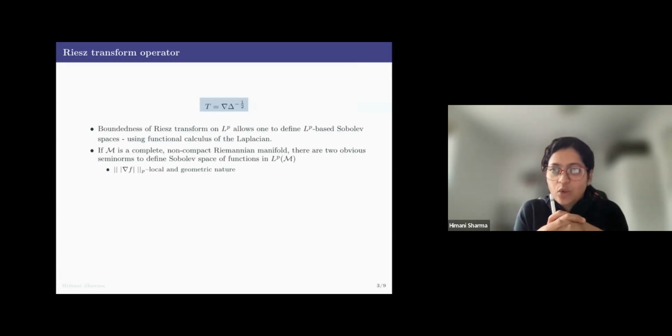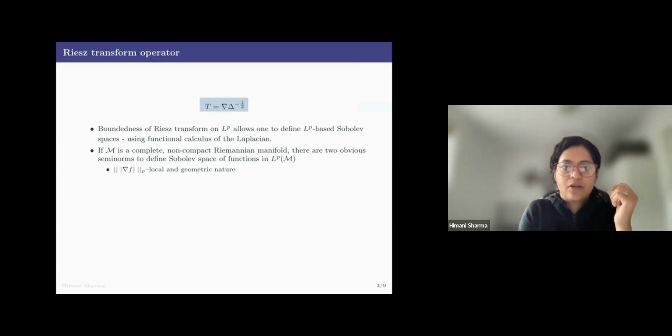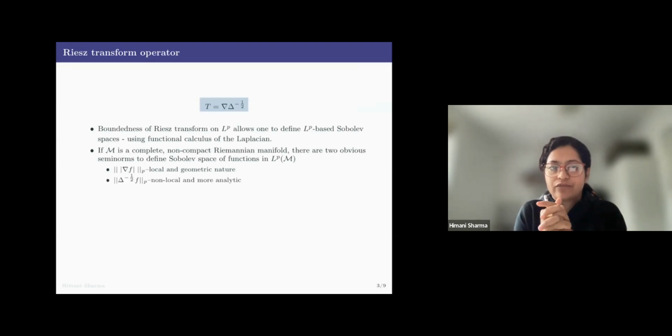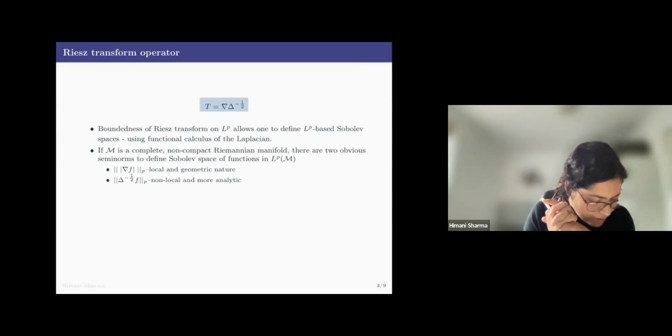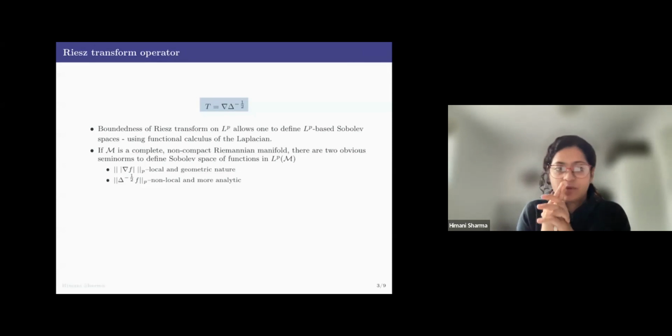This is local and more geometric in nature. Another seminorm that we have here is the square root of the Laplacian applied to f. If I'm not wrong, it should be to the power half. Okay, yes, it's not minus 1/2. This is more non-local and more analytic in nature. Then we will be able to define the Sobolev spaces here with the help of these seminorms.